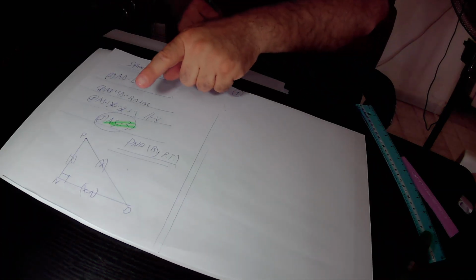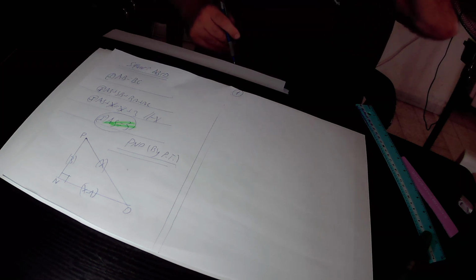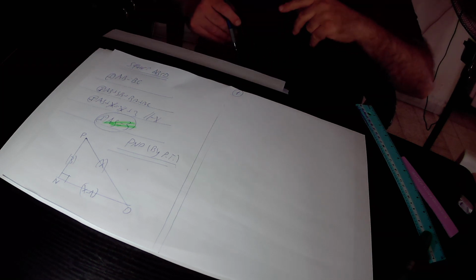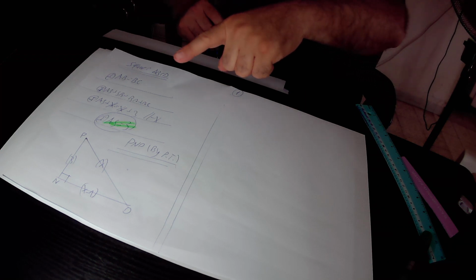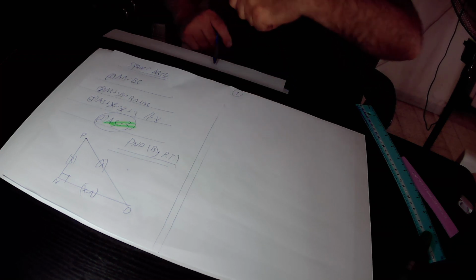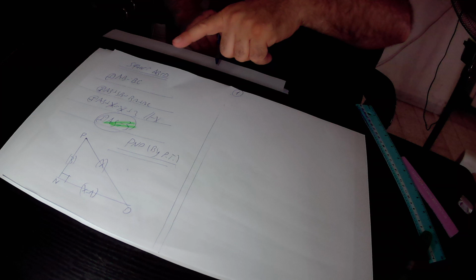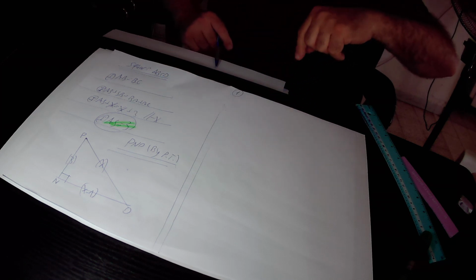So actually this is the right green triangle PNO that I copied from the original drawing. According to the Pythagoras theorem, in right triangle PNO, PO squared, that is the square of the hypotenuse, equals PN squared plus NO squared. So I write it down.